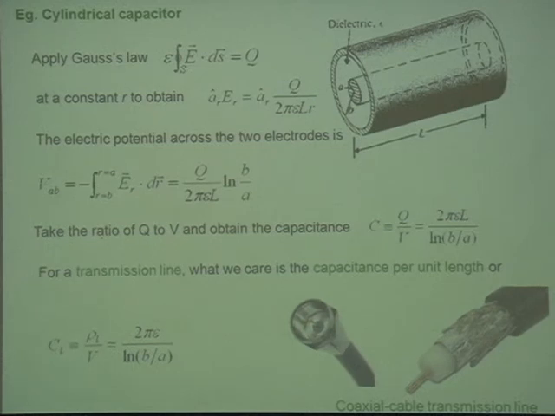Once you have the capacitance, then you calculate the capacitance per unit length by moving this length down to this expression, and then this becomes line charge density. That gives you this expression.